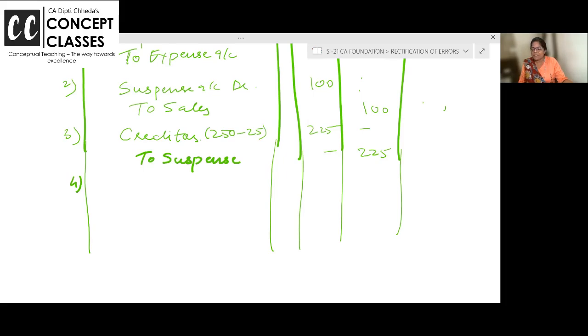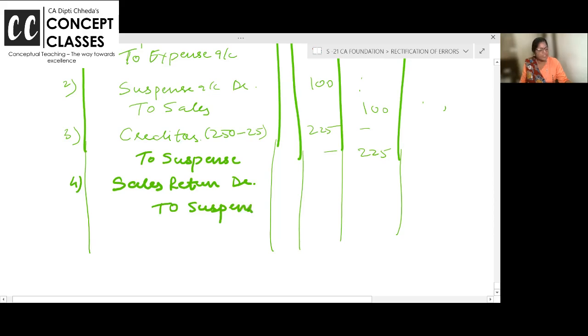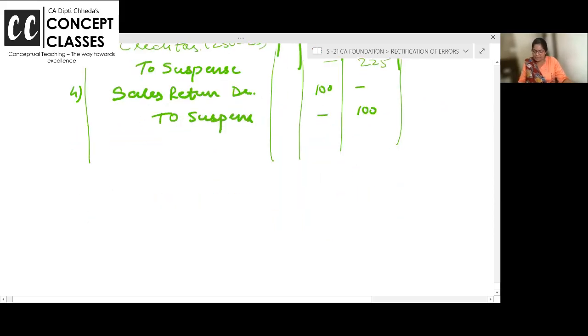Party's account has been credited. Okay. Party account बराबर क्रेडिट किए, सेल्स रिटर्न को डेबिट नहीं किए तो अब डेबिट कर दो. Sales return debit to suspense.